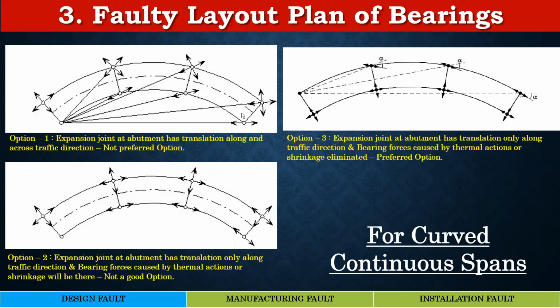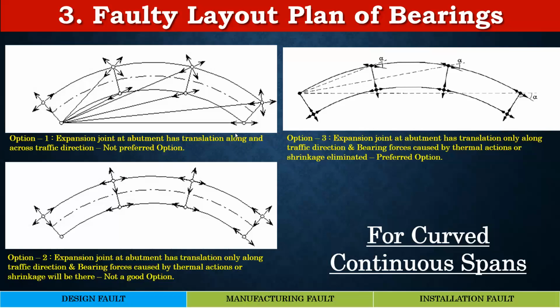Now, therefore, considering this fact, there can be two or three options as explained here. Option one is quite commonly used in the industry, but it suffers from one drawback. And the drawback is the expansion joint at the other end where the fixed bearing is not there. The expansion joint here moves both in the longitudinal and in the across direction.